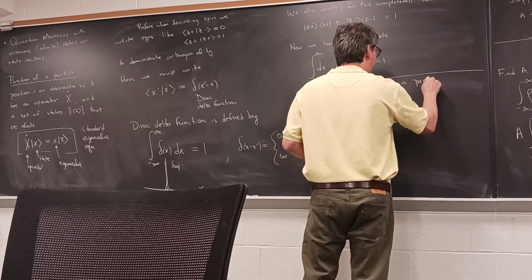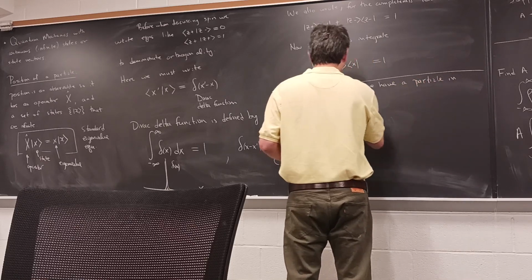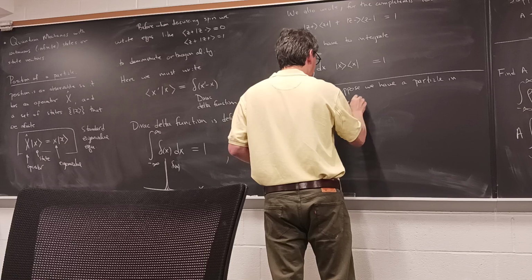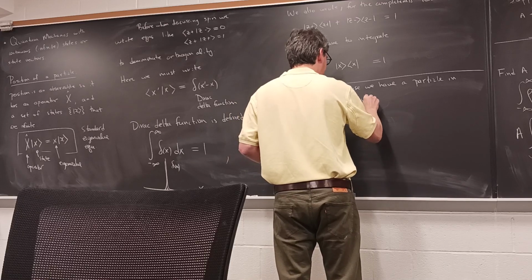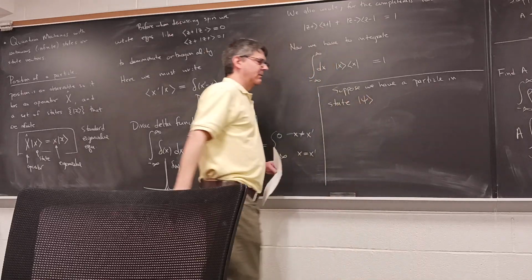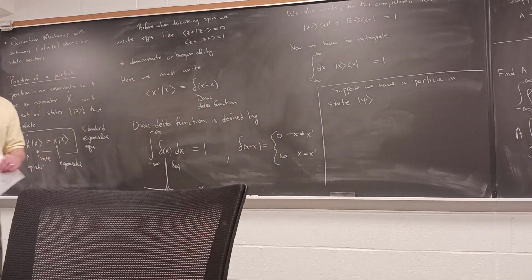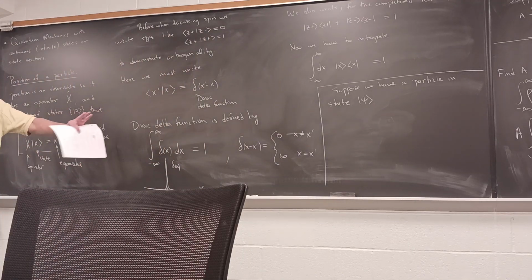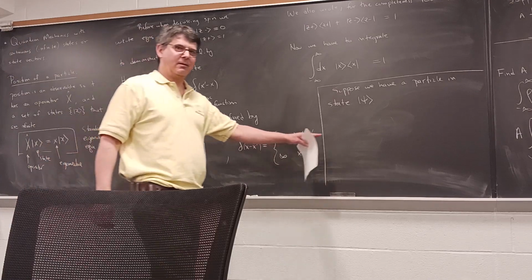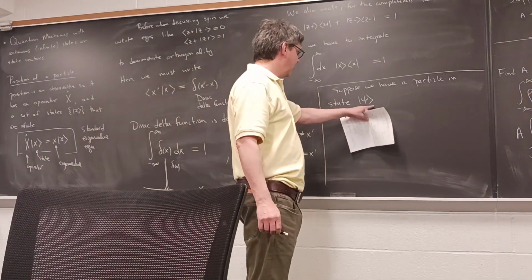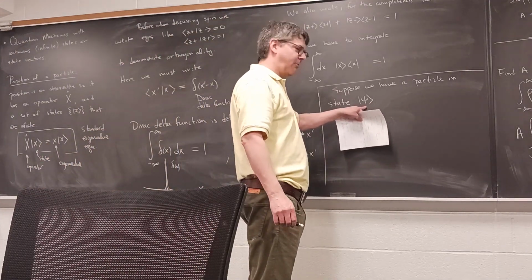So suppose we have a particle in state psi. Now, this is just a general arbitrary state. I haven't told you anything. When I write it abstractly like this, it's just like writing an abstract vector.